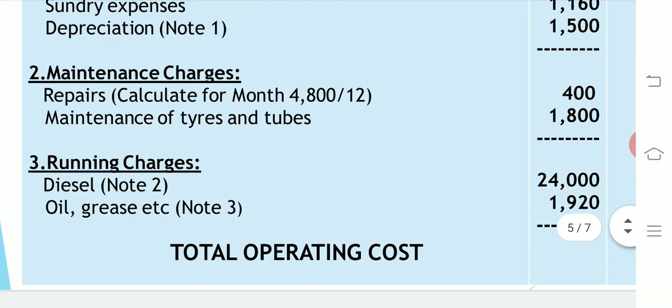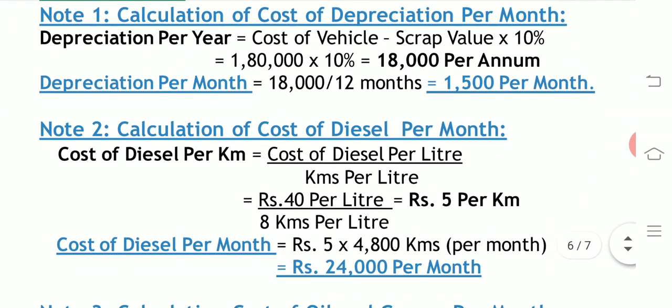What are the running charges? Running charges are diesel and oil and grease. For diesel they have given the information: diesel consumption 8 kilometers per liter and cost of diesel is rupees 40 per liter. First we have to calculate the cost of diesel per kilometer.